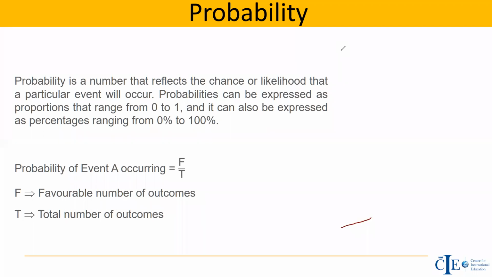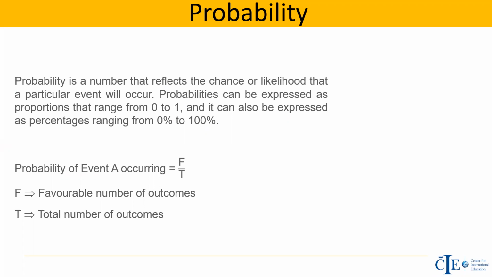Starting with the first basic case, that's the definition: favorable over total is the probability of an event. The minimum could be 0, the maximum could be 1. When nothing favors, it's an impossible event.